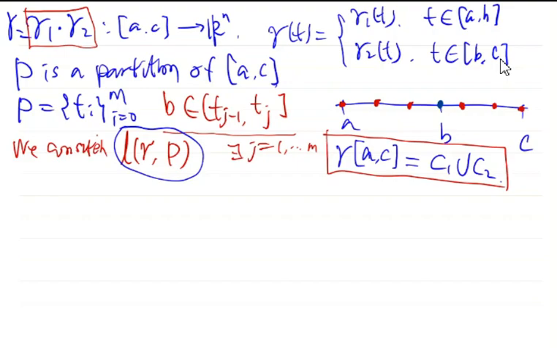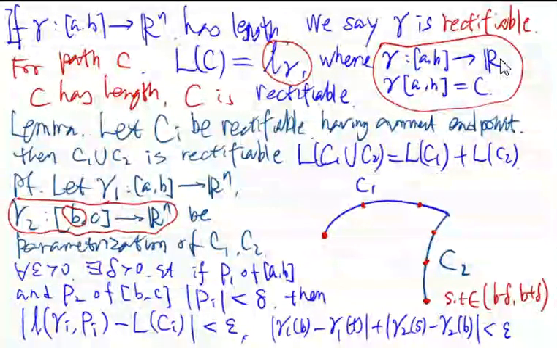But the inscribed polygonal of gamma under the partition P is the sum of the length of the segments joining the points described in this picture.